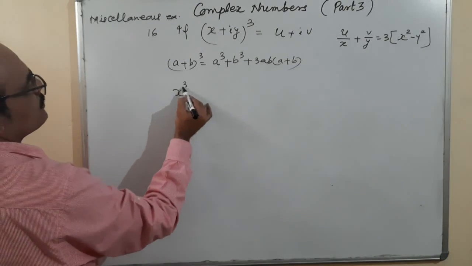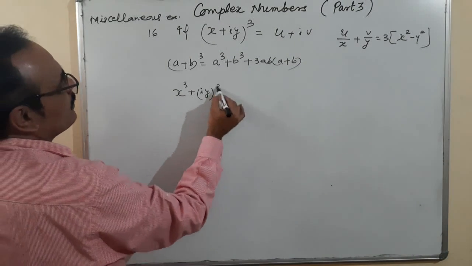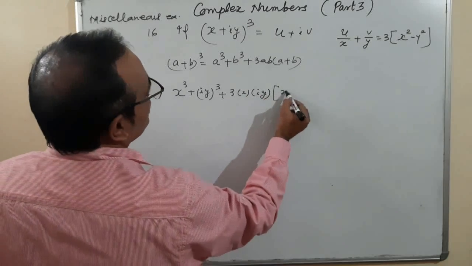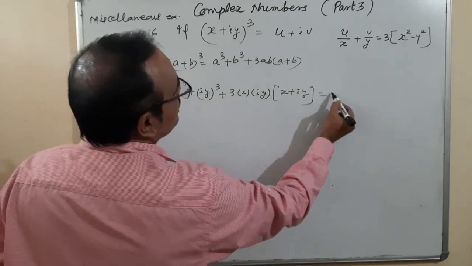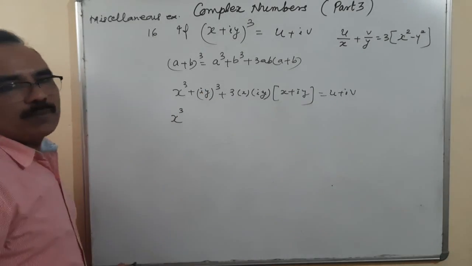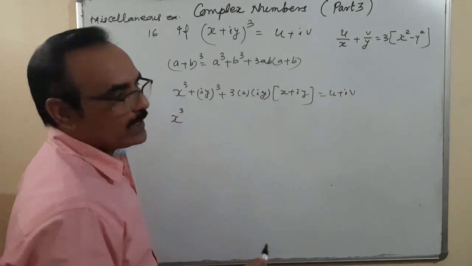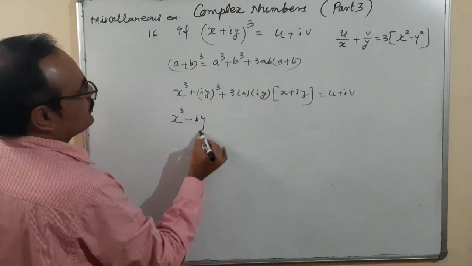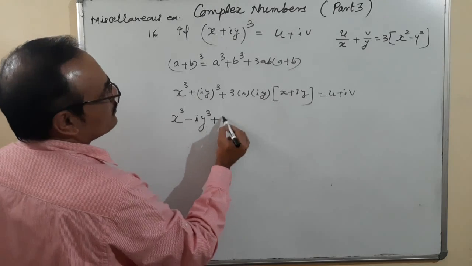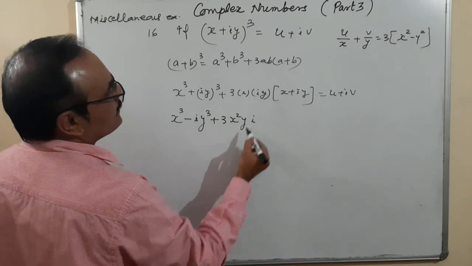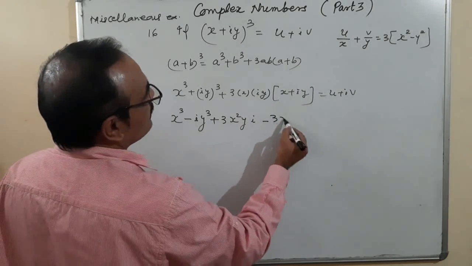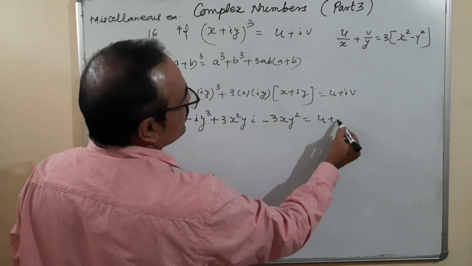So it is x³ + (iy)³ + 3(x)(iy)(x + iy), which is equal to u + iv. x³, i³ is i² into i, that is −1 into i, so −i y³, and plus 3x²yi, and 3xyi multiplied by i, that is i², so −3xy², is equal to u + iv.